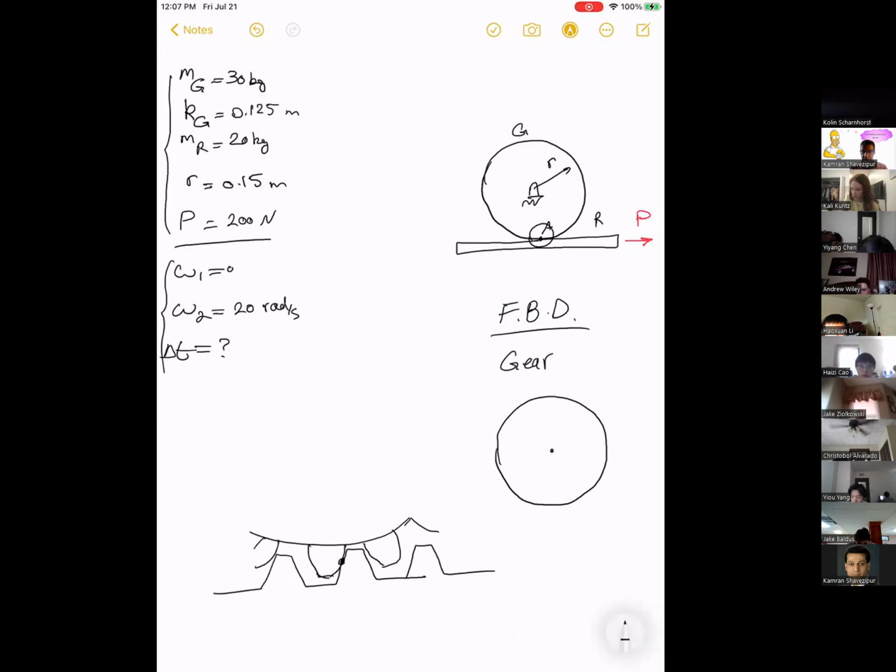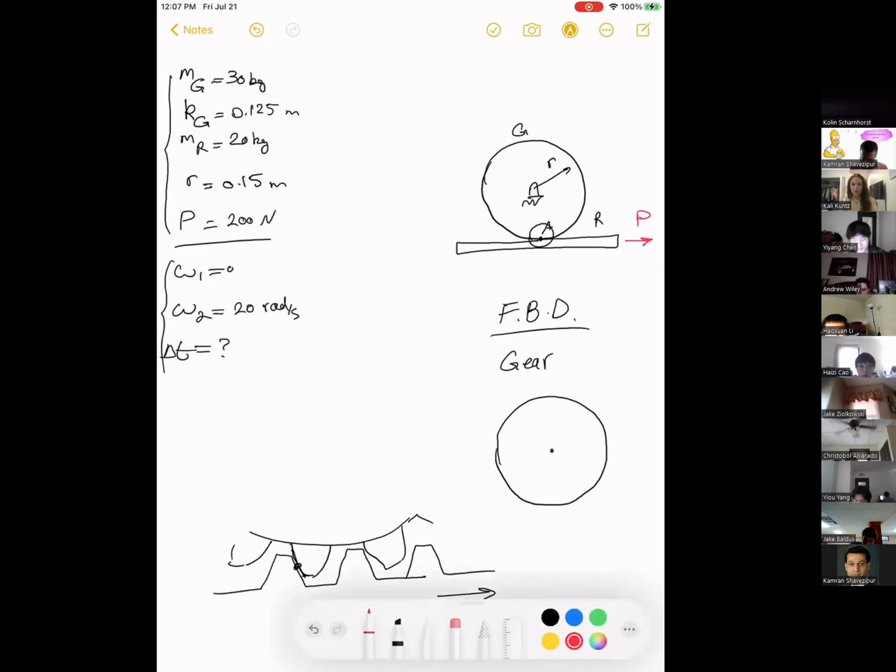So there's going to be contact here, but technically, it should be the other way. There's going to be a contact here. When the rack goes this way, it's going to create a force of T here, right? Between the two teeth that are engaged. Can you visualize that?